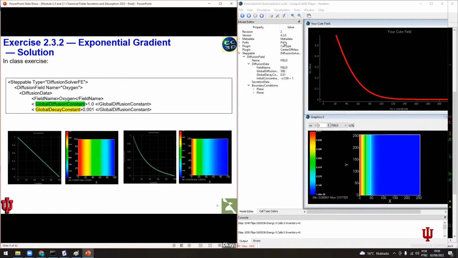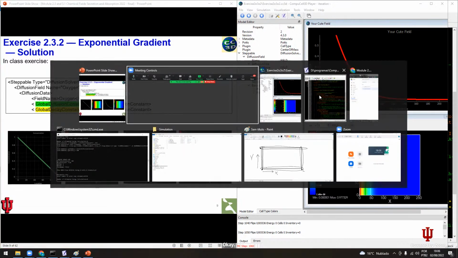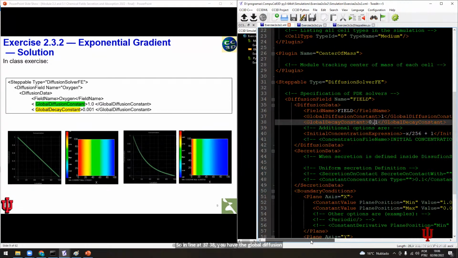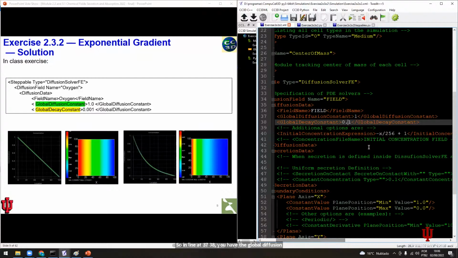So I went through the solution, but I will show you in the code where you will need to change. In lines 37 and 38, you have the global diffusion coefficient and the global decay constant. And also in the solved exercise, I started the initial condition from the linear gradient.